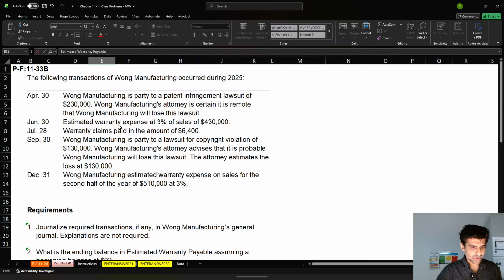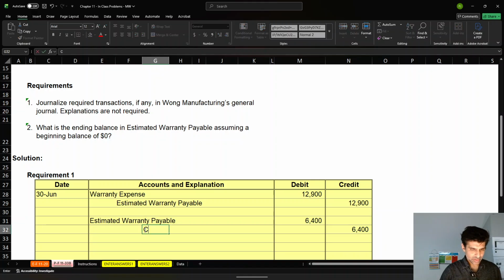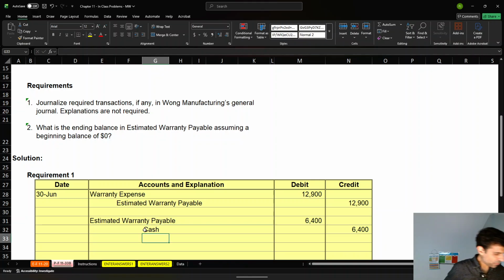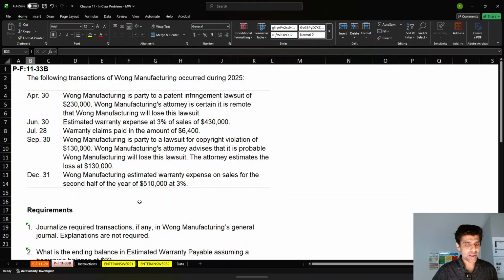And did it say how we're paying this? We paid. Okay, so I'm going to assume it's cash. Hopefully on your homework it's going to be more clear about exactly how you settled the warranty claim. But it says paid, so we'll just assume that it's paid in cash.